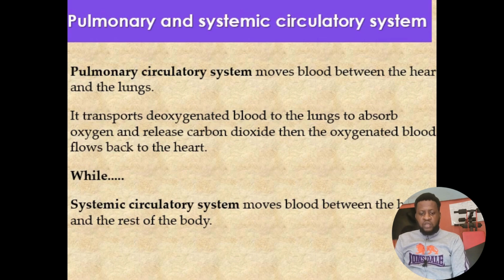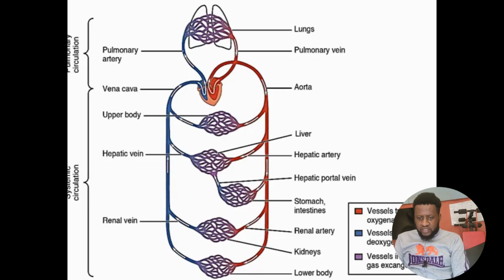Now look at the picture that illustrates that. If you look at the picture, you will see the pulmonary circulation system. You can see it is between the heart and the lungs. So that's why you have the pulmonary vein here, and we have the pulmonary artery here. We'll talk about this when we get to the structure of the heart. Now look at the systemic circulation. We have every other component within the body. As you can see, the arrow from the lungs goes through the pulmonary vein and gets into the heart.